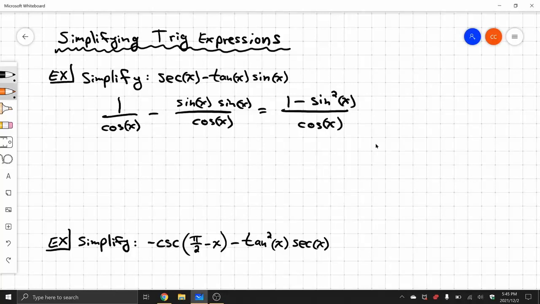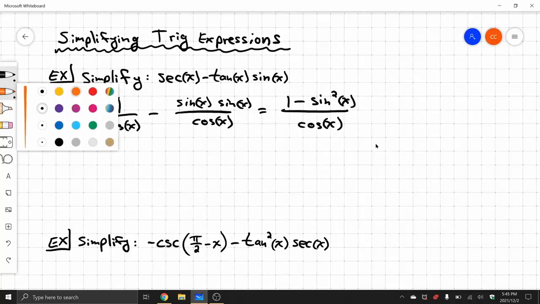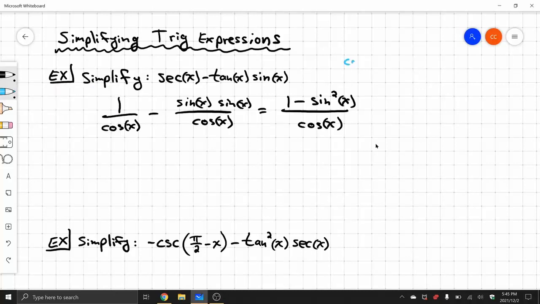Well, earlier we said that cosine squared x plus sine squared x is equal to 1, right? So if I solve this for cosine squared x, that equals 1 minus sine squared x.